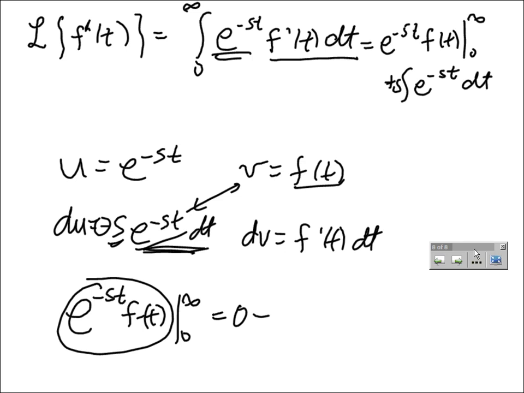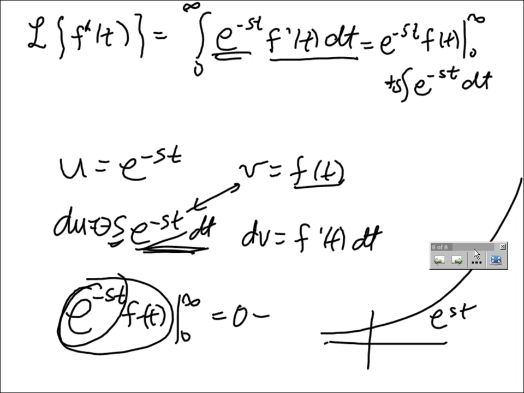We're going to assume that f of t is bounded. But e to the negative st just takes off. Remember, this is in the bottom as e to the st. It goes up to infinity.